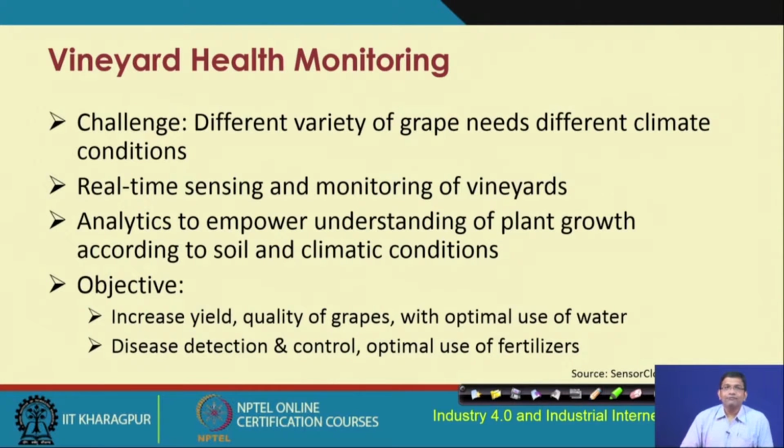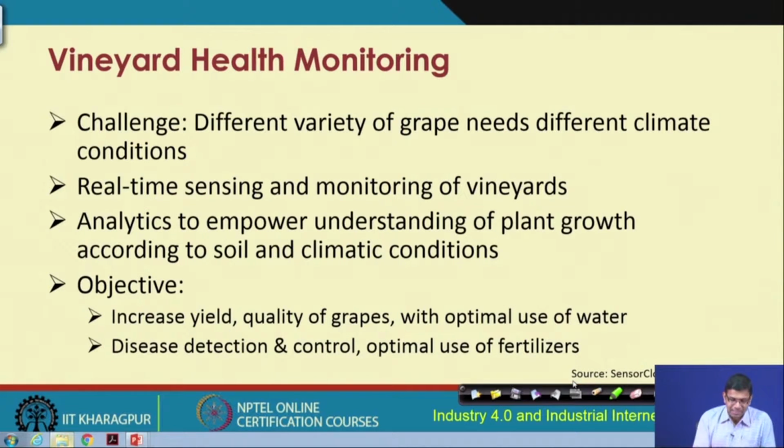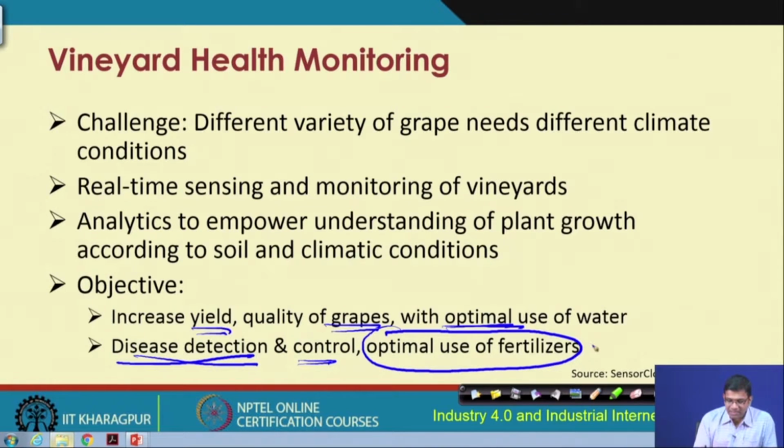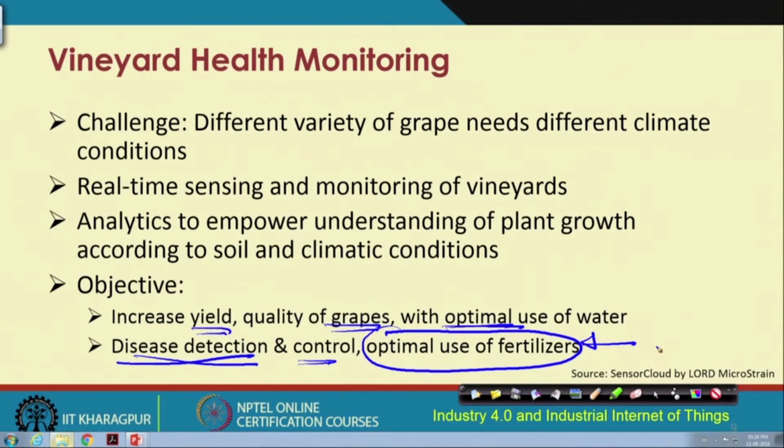The objective is to increase the yield and quality of grapes, and optimal use of water, and at the same time decrease the incidences of plant diseases and control them. Consequently, based on the predictions, optimally use the fertilizers and spray them.